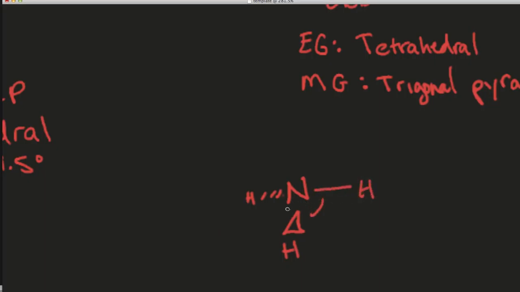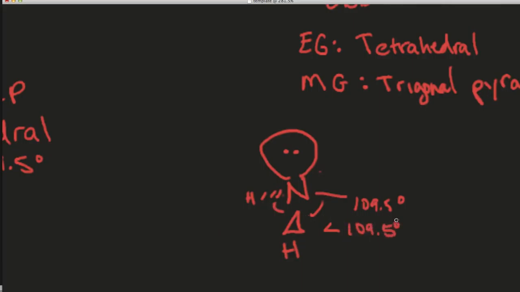So normally these bond angles would be 109.5. But what happens is this lone pair that has a big old electron density cloud will push these down. Technically, I should bend that line a little bit. It's a little bit more than 90 degrees, right? So this bond angle would be less than 109.5, and so would the other one on the other side. There should be an H right there, sorry.